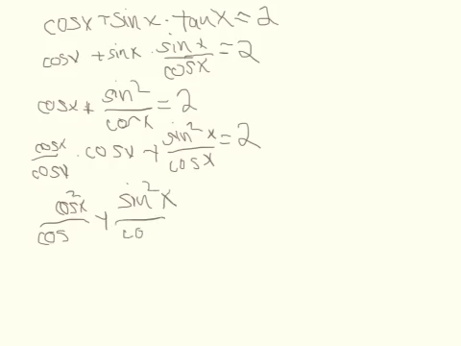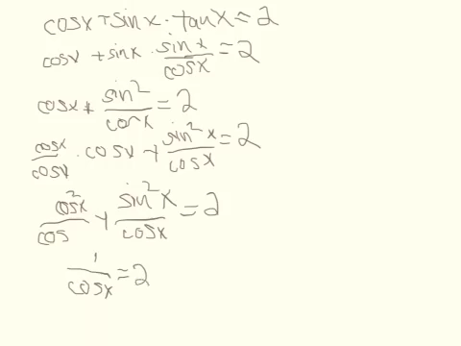We already have our common denominators, so we can add these two together straight across. We get sine squared plus cosine squared. Imagine this with me: sine squared plus cosine squared. That's a Pythagorean identity. That turns into 1. In our denominator, we just have cosine. So 1 over cosine x equals 2.